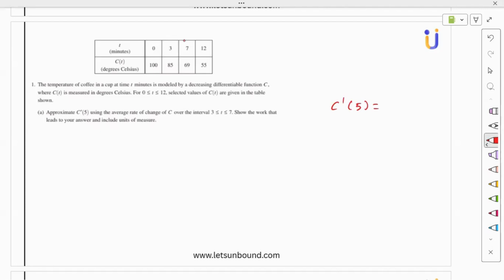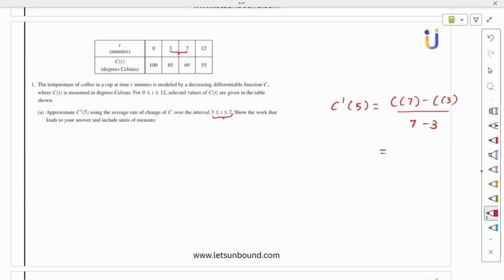Your 5 falls in this interval, so we're going to pick 3 and 7 as they have given. So the slope formula is C of 7 minus C of 3 divided by 7 minus 3.